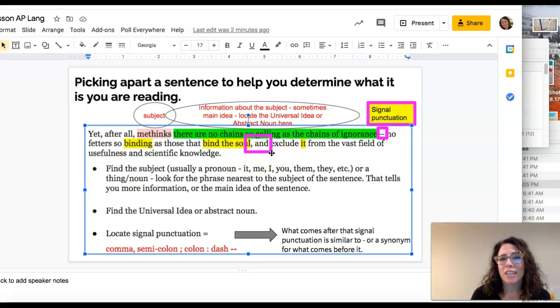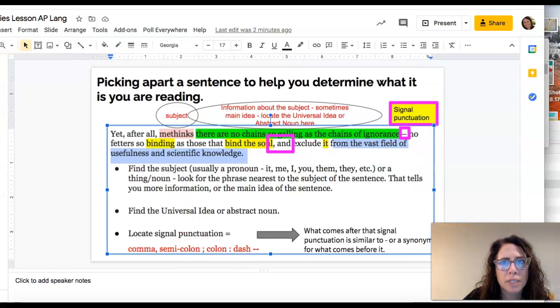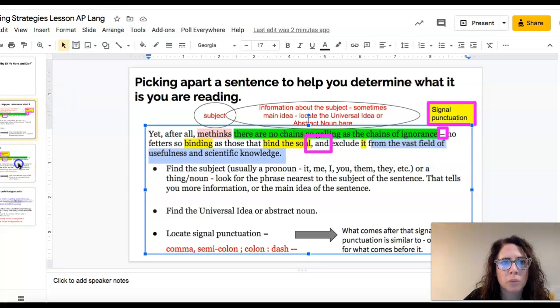So you could just end like they exclude and they bind. If I'm reading this whole thing and I get lost with this information, you've got to chunk it down. What do they do? What are the verbs? What is the subject and the verb? Chains of ignorance, or ignorance, subject; bind, exclude, verb. Done. Because then I can get detailed information about what they do and move on.